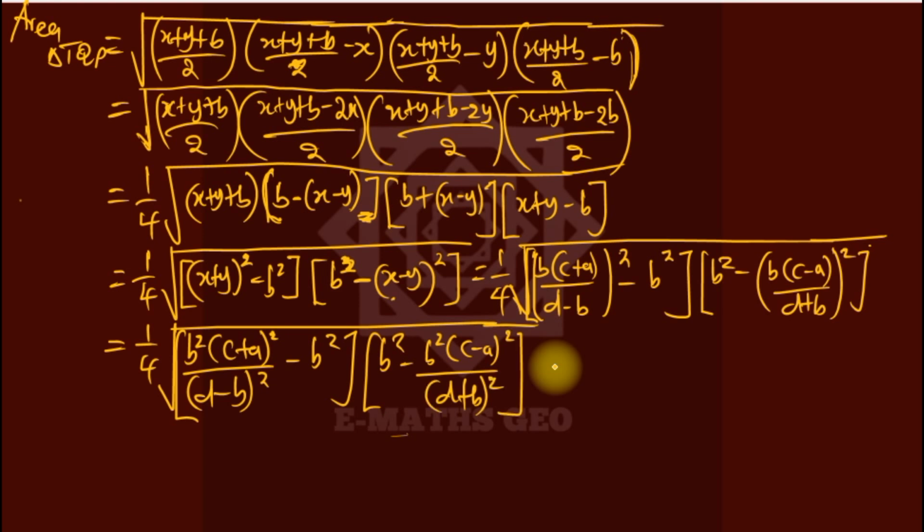So which could be, you notice they all have b squared. So if I factor b squared out, b squared times b squared is b raised to the power 4.